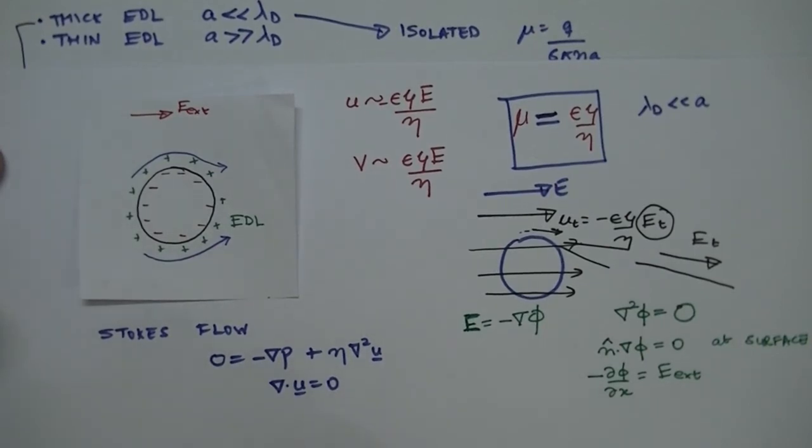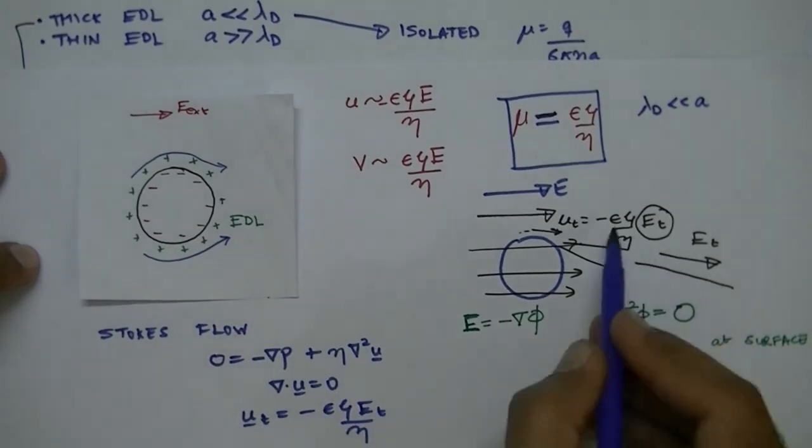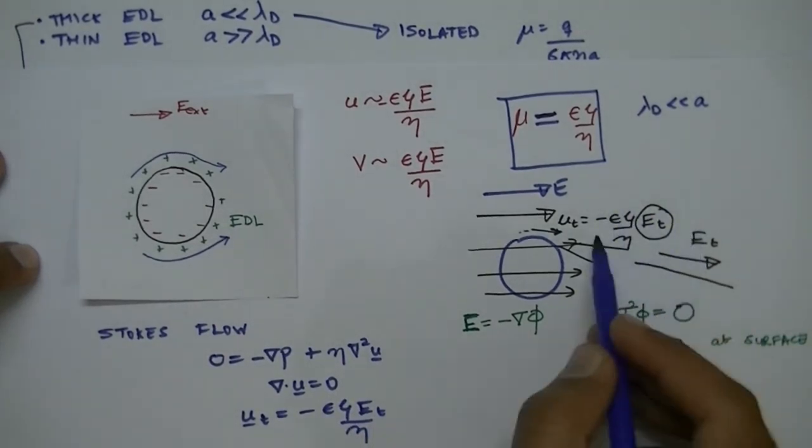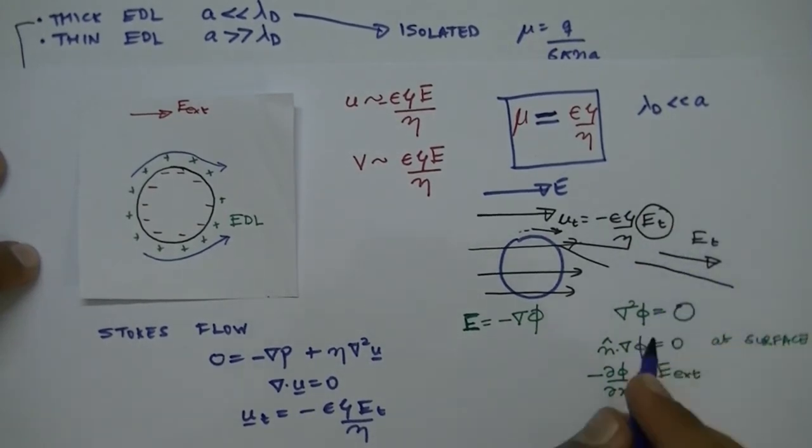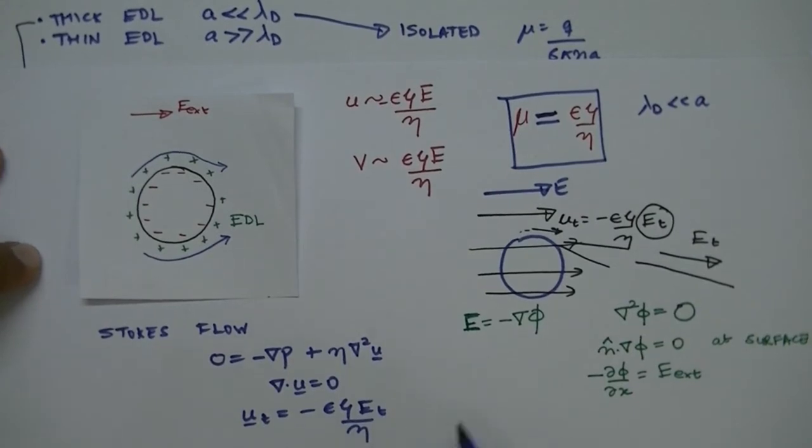And the boundary conditions for fluid flow is that the tangential component of the velocity at the particle surface is equal to the electroosmotic velocity, the local electroosmotic velocity due to the tangential electric field E subscript T.